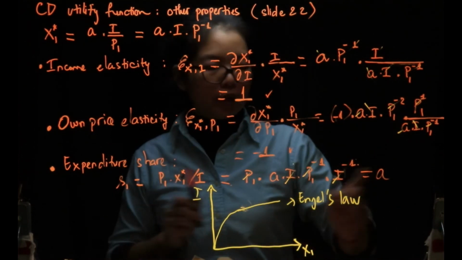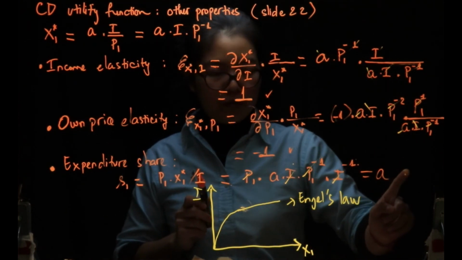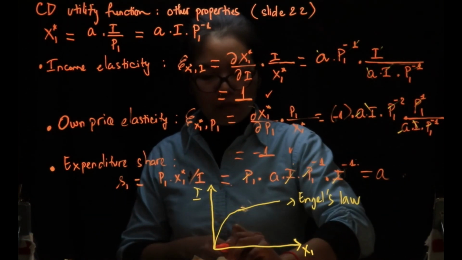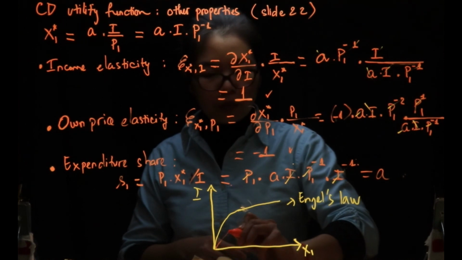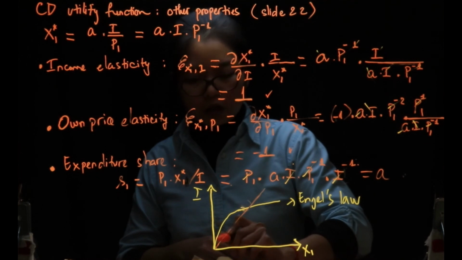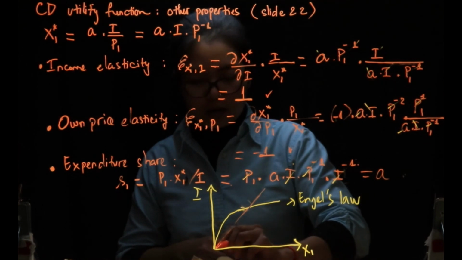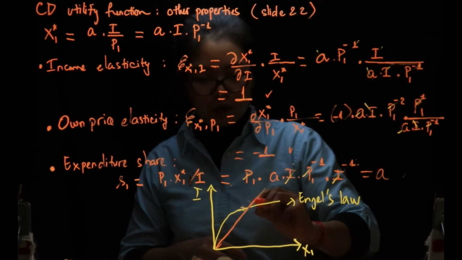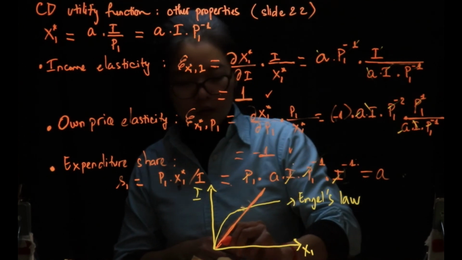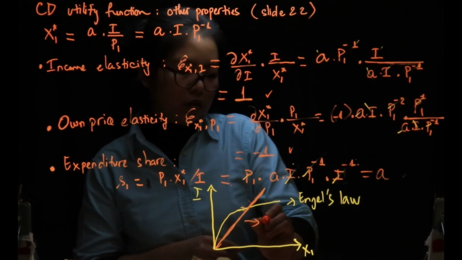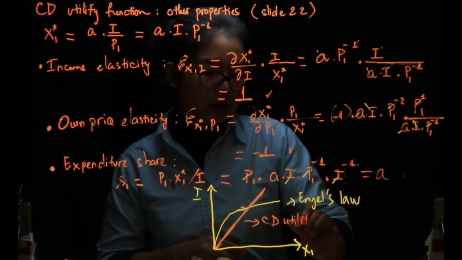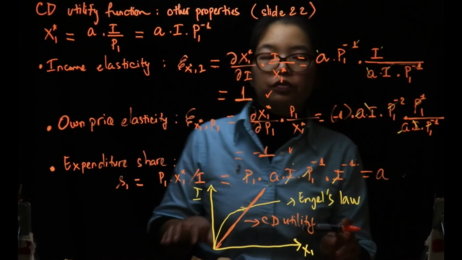However, with the Cobb-Douglas that we just derived here, the budget share is always constant. So that means the slope of the Engel curve is constant. In the case of the Cobb-Douglas, CD utility, the Engel curve is linear.